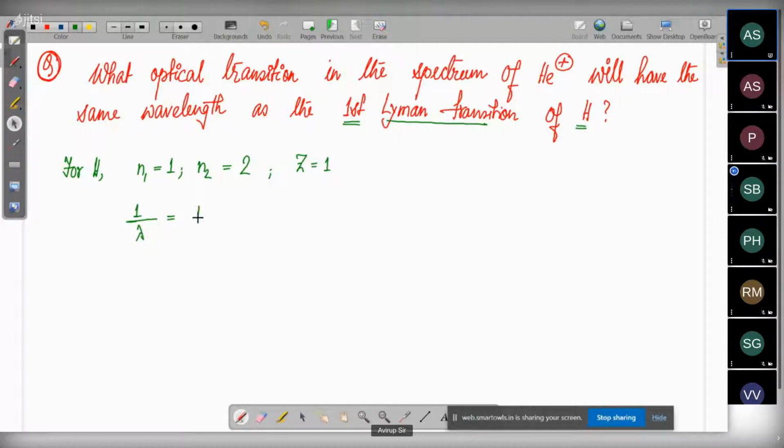Sir, if gamma and beta are not there in this question, then how is N2 equal to 2? How can we understand? By the first word given: the first Lyman transition.